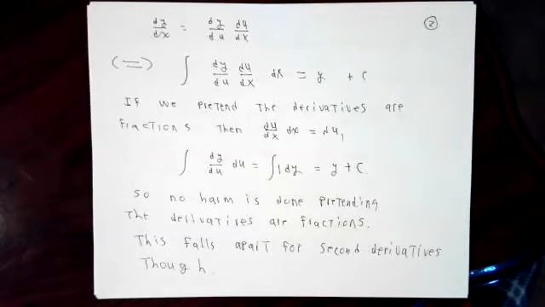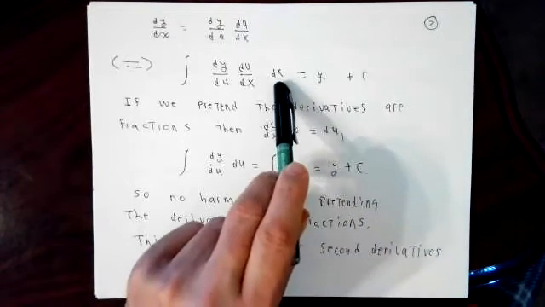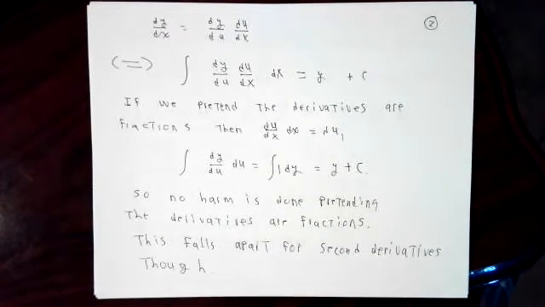So the integral of dy du du dx with respect to x, that's the dx here, is y plus a constant. If I pretend that these things are fractions, which they're not, the dx's will cancel out.